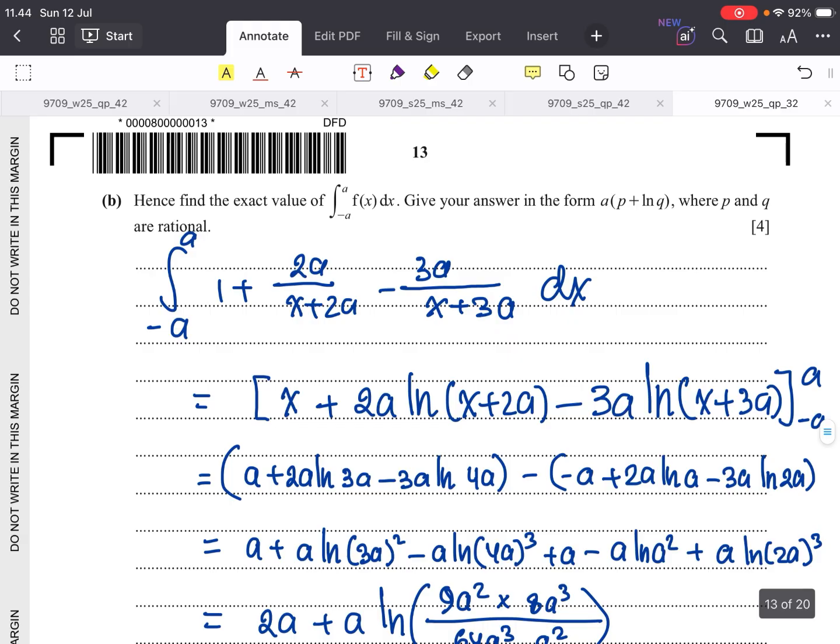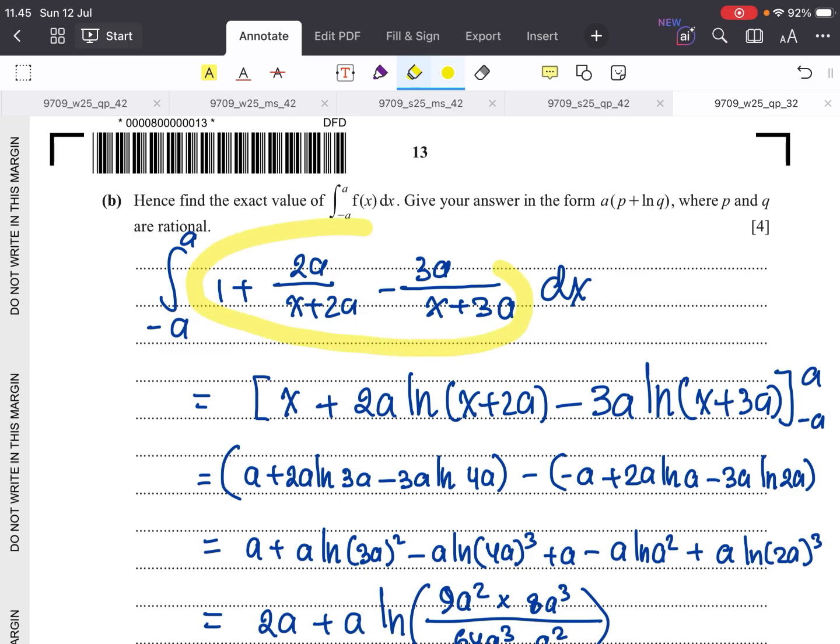B. Hence, find the exact value of integral from negative a to a of f(x) dx. Give your answer in the form of a times p plus ln q, where p and q are rational. So we know that the f(x) can be expressed into this form.